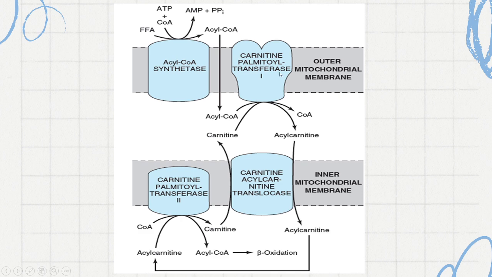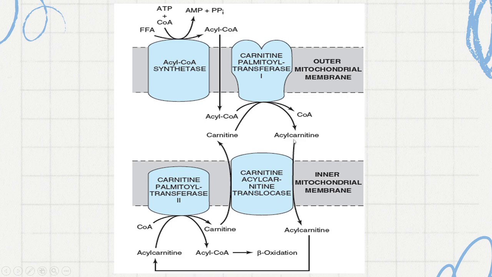Then, by carnitine palmitoyl transferase 1, it will be converted from acyl-CoA to acyl-carnitine with the release of CoA. Acyl-carnitine then can cross the inner mitochondrial membrane by the acyl-carnitine translocase.